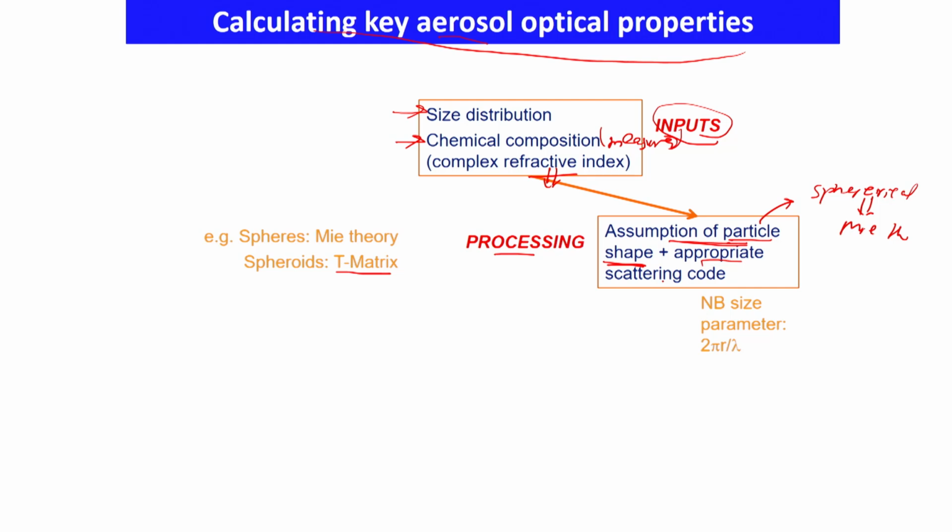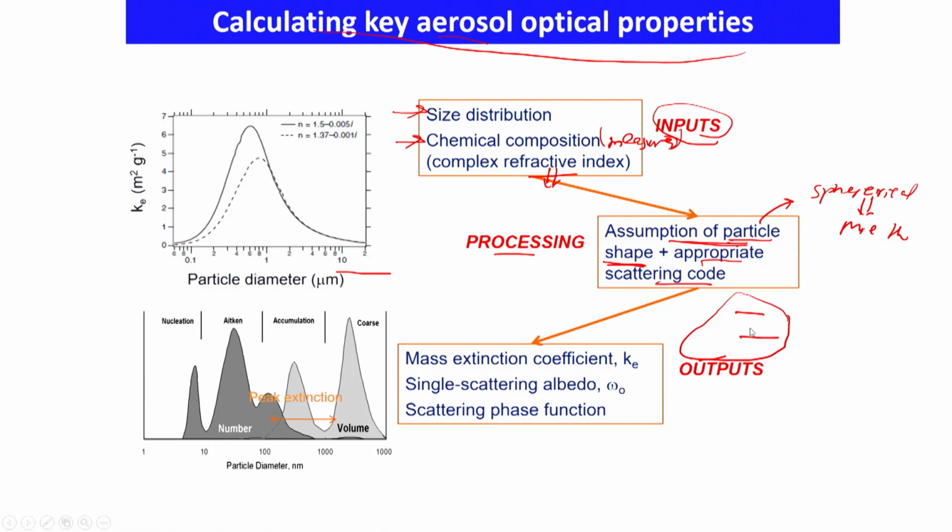And then appropriately you apply a scattering code. You have to consider size and size parameter, for example 2πr/λ for the scattering. And what is the output that you get? The output you usually get is the mass extinction coefficient. Just remember this one, we simply did not put mass, we simply said that it is the extinction coefficient.